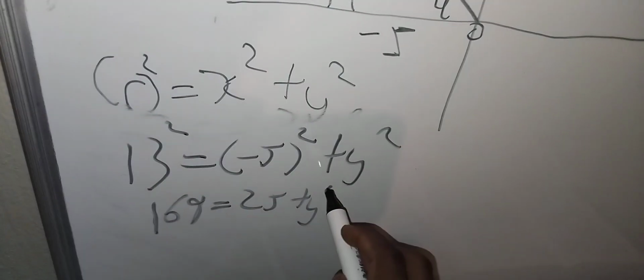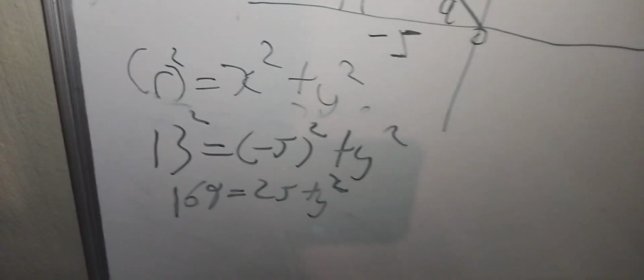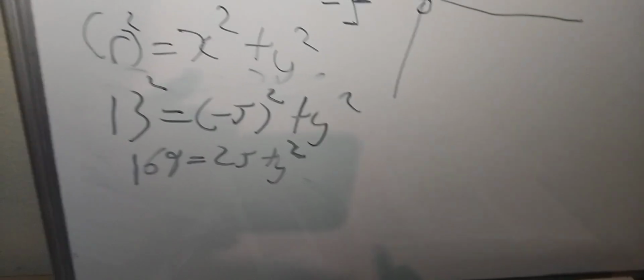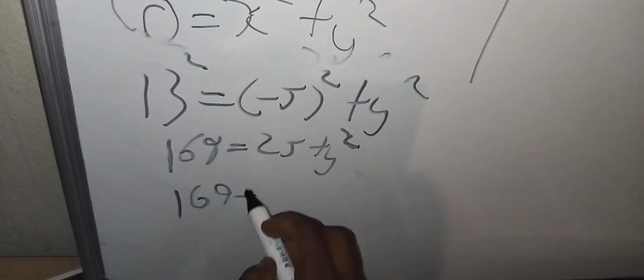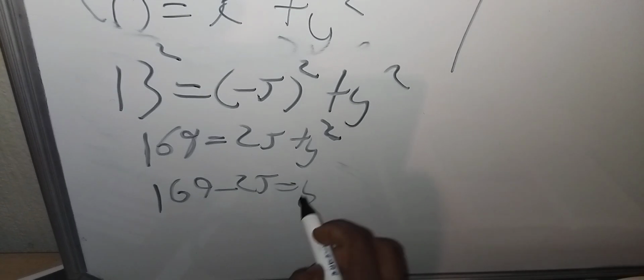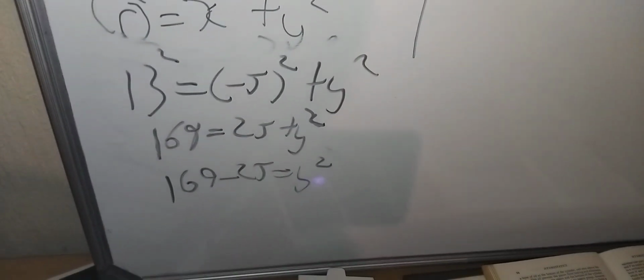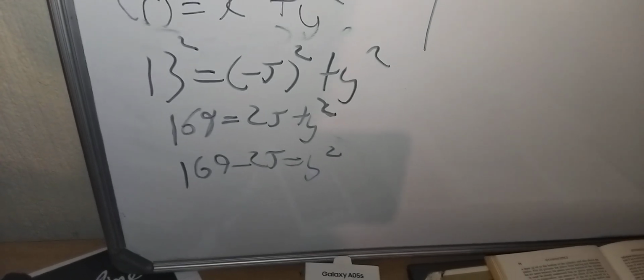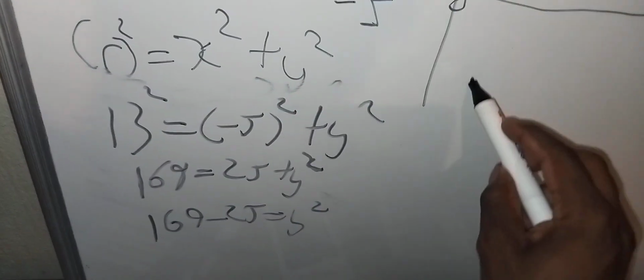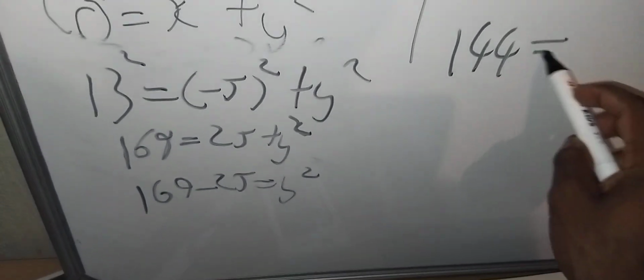The reason we're doing this is because it's going to help us solve for what we need as we continue the question. So this becomes 169 minus 25 equals y squared. You take your calculator and subtract: 169 minus 25 is 144. So you have 144 is equal to y squared.